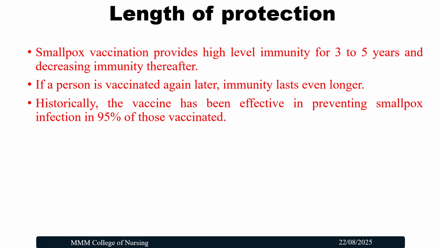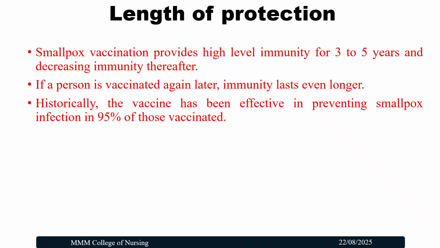Length of protection: the smallpox vaccination provides a high level of immunity for 3 to 5 years, and decreasing immunity thereafter. If a person is vaccinated again later, immunity lasts even longer. Historically, the vaccine has been effective in preventing smallpox infection in 95% of those vaccinated.